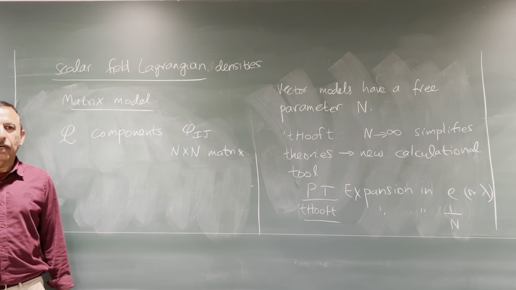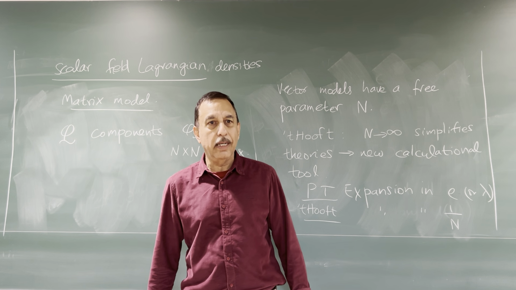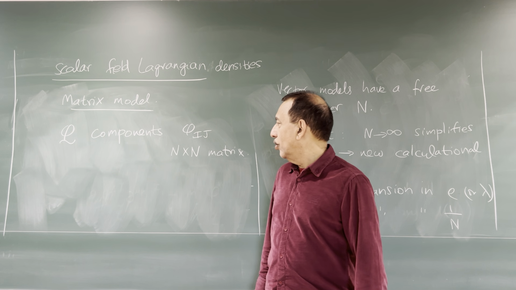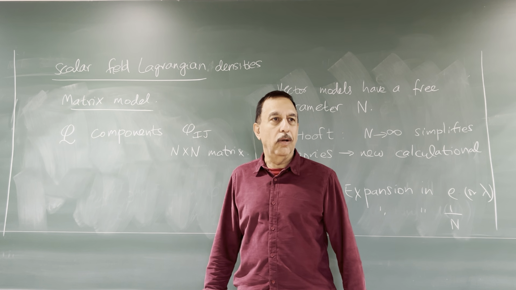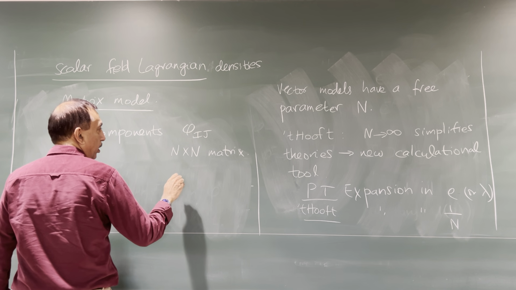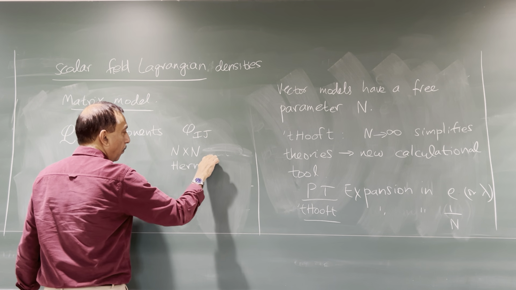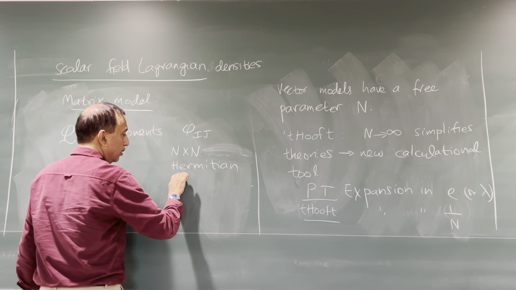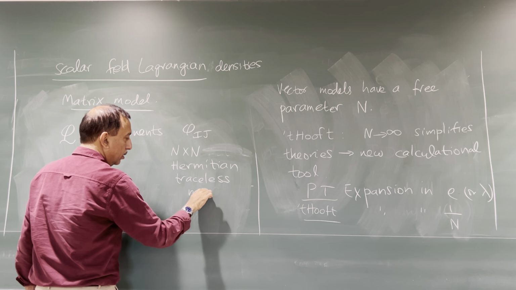And it's common to impose some constraint on what kind of matrix. So usually we ask it to be something like orthogonal or Hermitian or sometimes unitary. So here we'll choose it to be a Hermitian and traceless matrix.